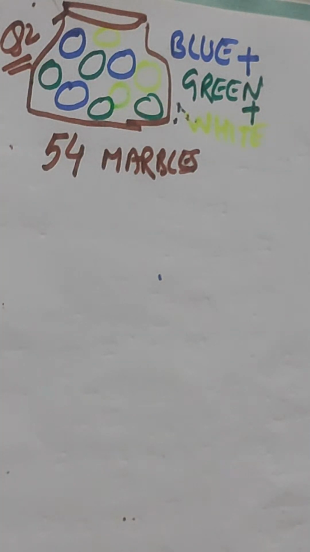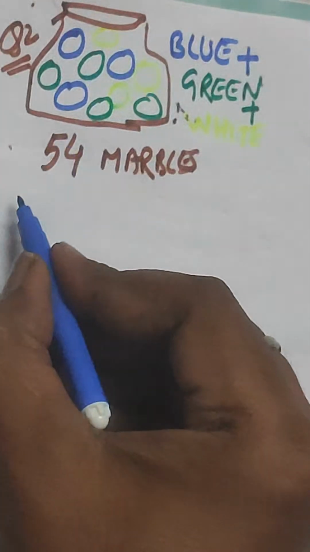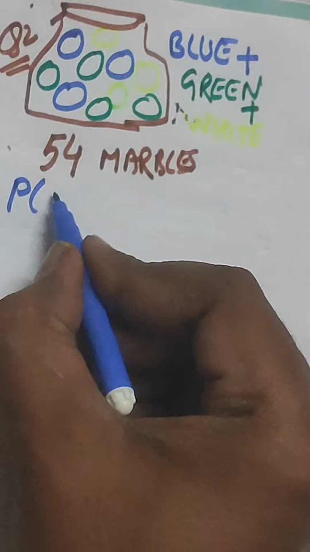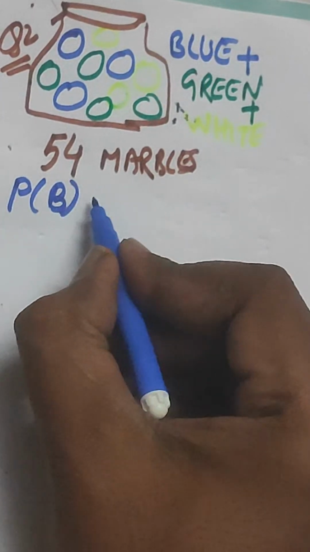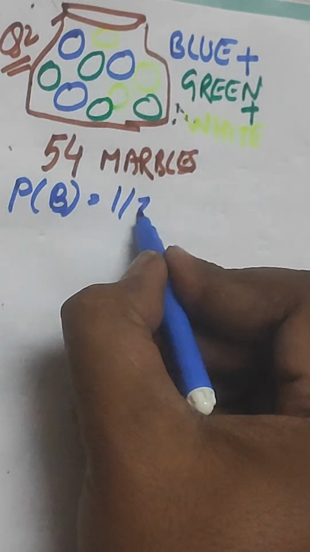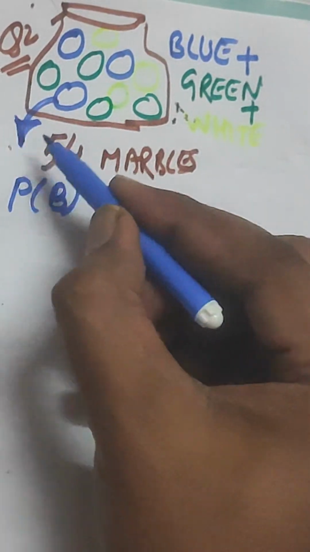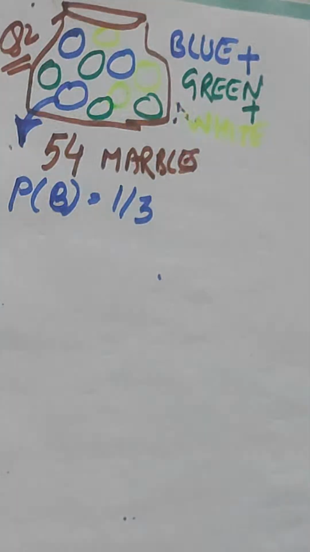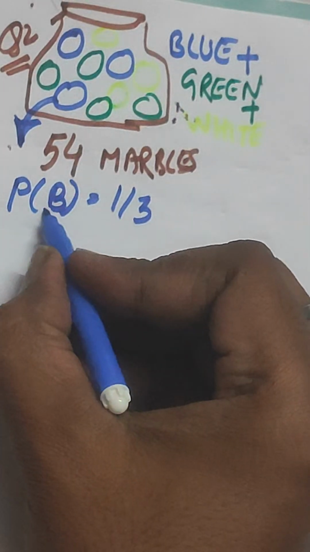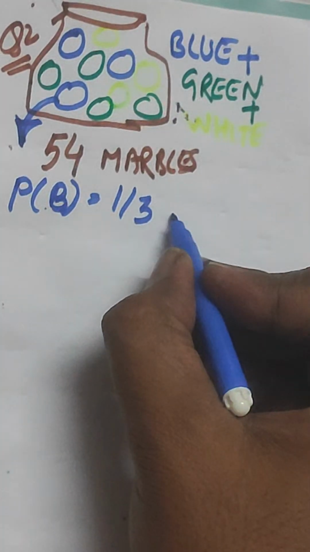Now out of these three kinds of marbles, the question asks: the probability of selecting a blue marble at random is 1 by 3. That means when any marble is drawn from the jar, the probability of getting a blue marble is 1 by 3.